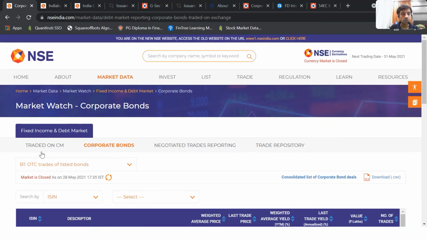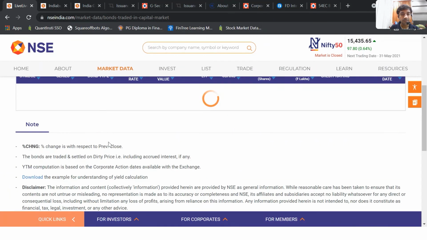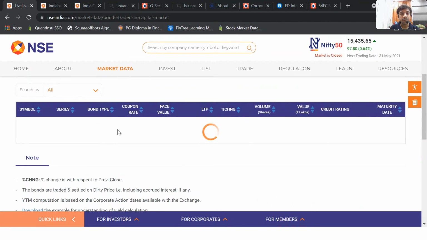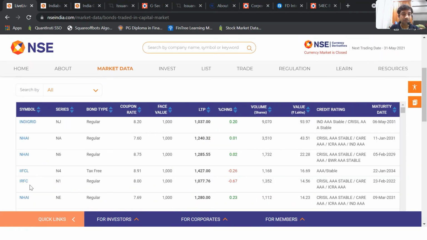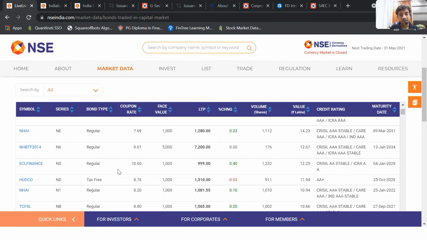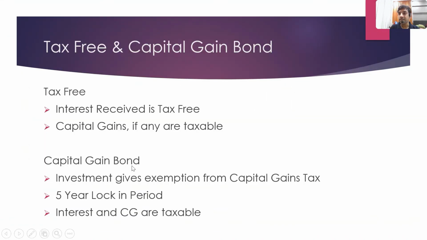If you go to the bonds traded on the exchange, you'll see in the bond type if it's a tax-free bond. So see, this is a tax-free bond. Hudco, this is the tax-free bond. So in a tax-free bond, the interest that you are going to get is going to be tax-free. Capital gains, if at all any, will be taxable.